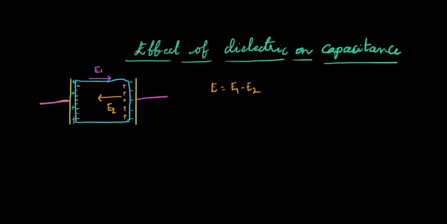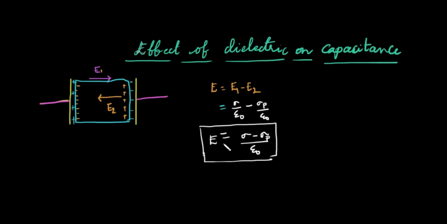We already discussed that E1 is equal to sigma by epsilon naught, minus the electric field due to the dielectric, sigma P by epsilon naught. So that is equal to sigma minus sigma P by epsilon naught, the net electric field when you place the dielectric.